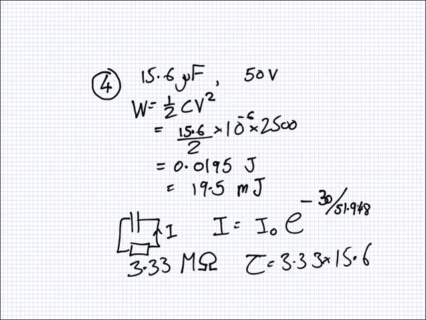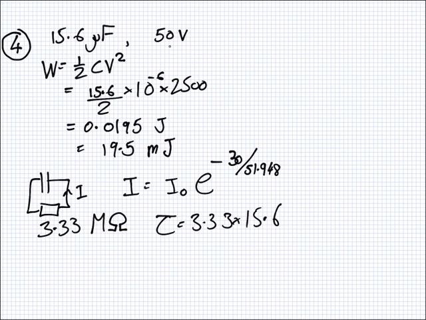Now I think the way we can do this is, actually, this is an important piece of information. If you have your capacitor, and you take a battery, and the battery is 50 volts, and you charge this up and then release, this will be at 50 volts at the beginning, and then it decreases.